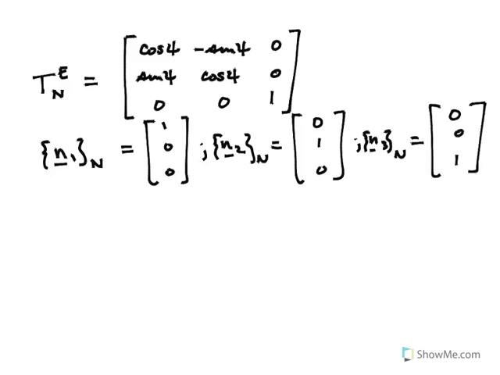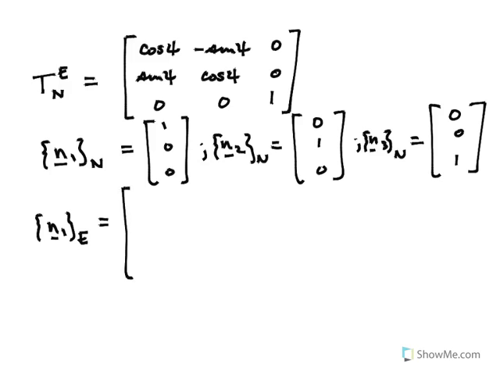Of course, that makes sense, because if I express any of these basis vectors n1, n2, n3 in its own basis, then those are the fundamental basis vectors. So I just get 1 in the component associated with n sub i in the ith component, and 0 everywhere else. But now let's see what n1 looks like when I express it in the basis e.